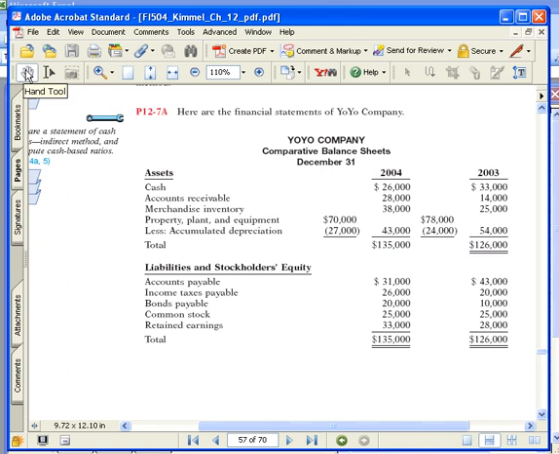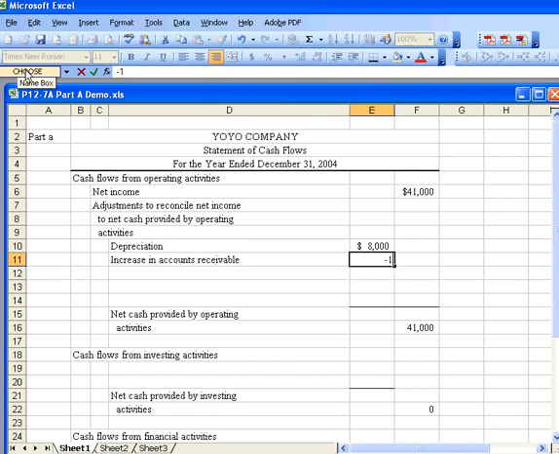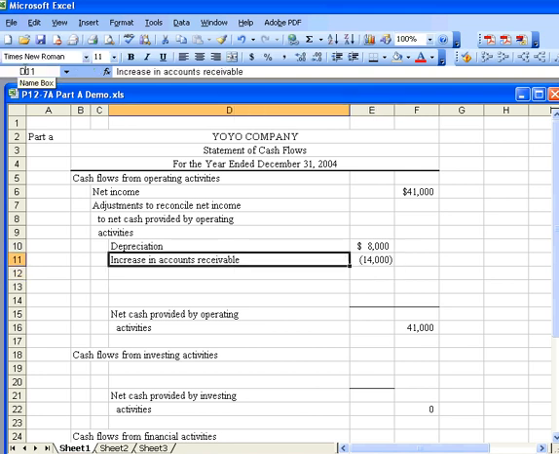A 14 up to 28,000 is a $14,000 increase, and as you know, increases in current assets result in a decrease in the adjustment from net income to net cash provided by operating activities. So I'm going to go ahead and label this as increase in accounts receivable, and I'm going to show that as a negative $14,000.